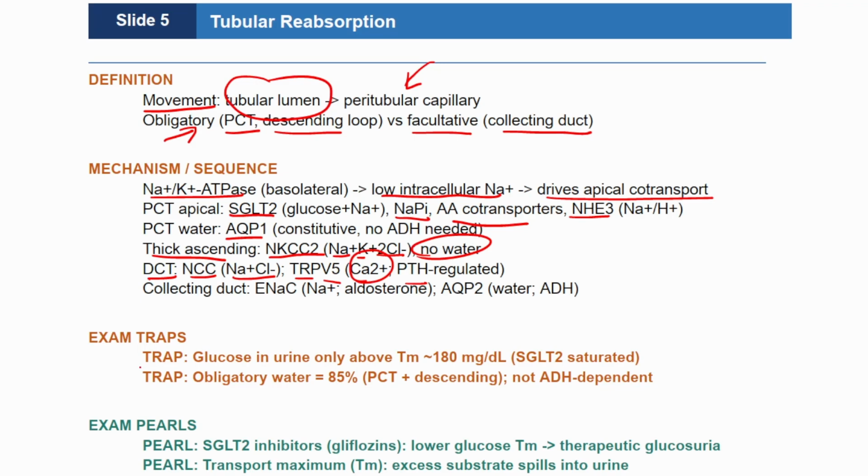The collecting duct uses epithelial sodium channel, or ENaC channels, for sodium fine-tuning under aldosterone control, and aquaporin 2 channels for hormone-regulated facultative water reabsorption, hormone being ADH or antidiuretic hormone. Fun fact, ADH is also known as vasopressin because ADH raises blood pressure.